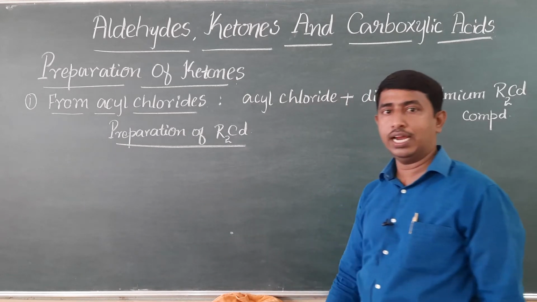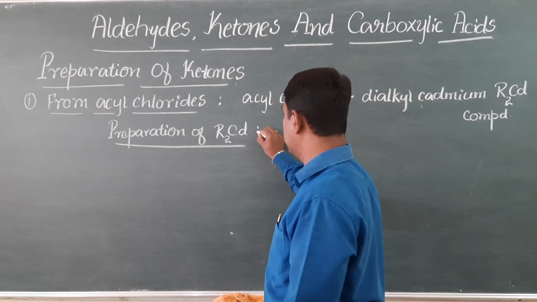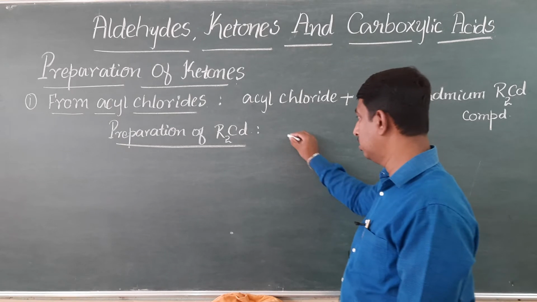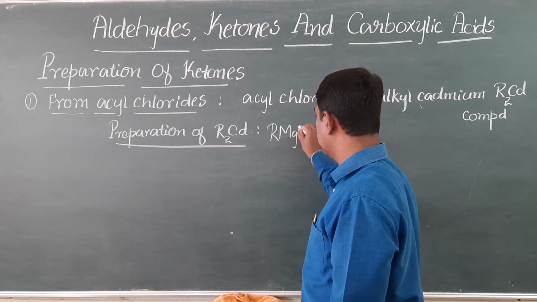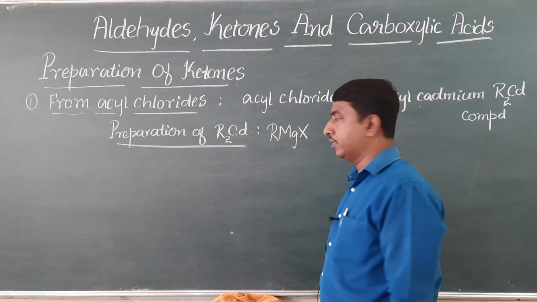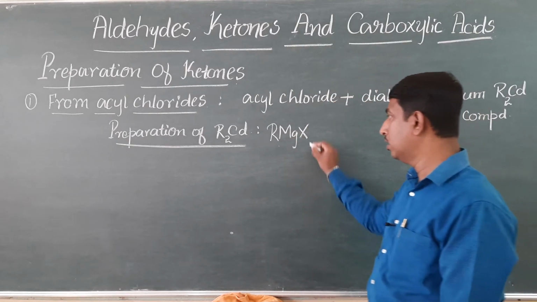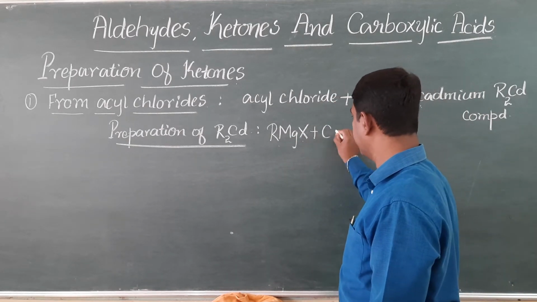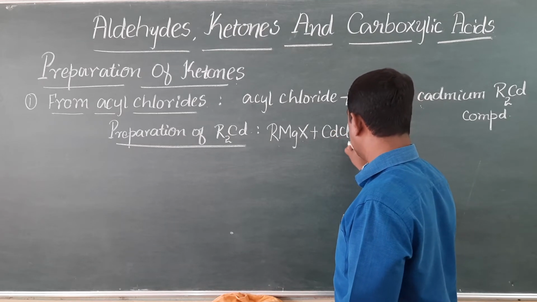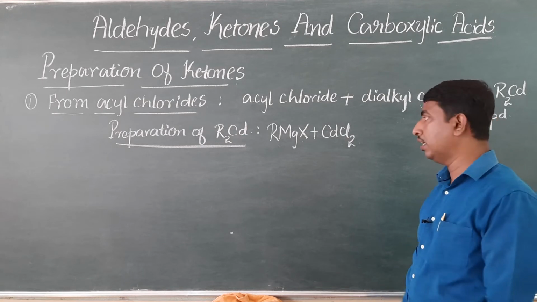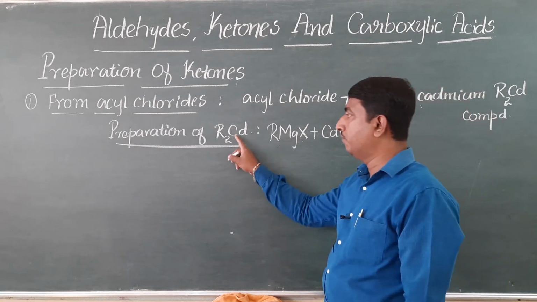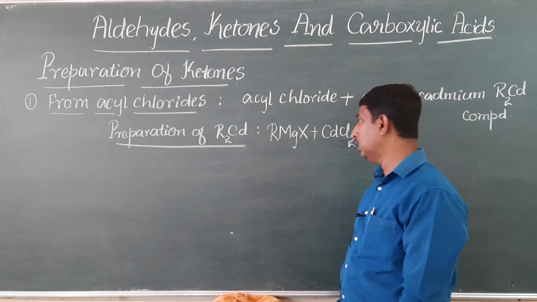Dialkyl cadmium compound is obtained by treating Grignard reagent, formula of Grignard reagent RMgX, with cadmium chloride. Grignard reagent, when it is treated with cadmium chloride, we can obtain dialkyl cadmium.